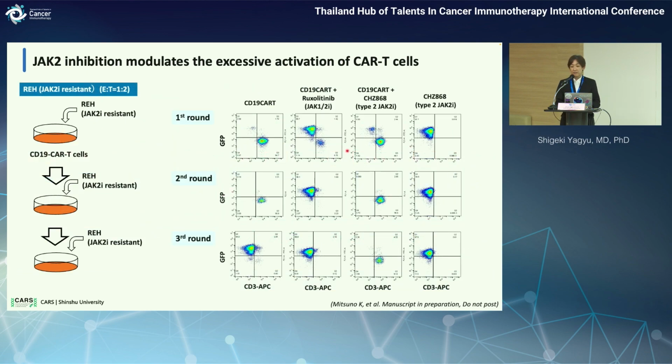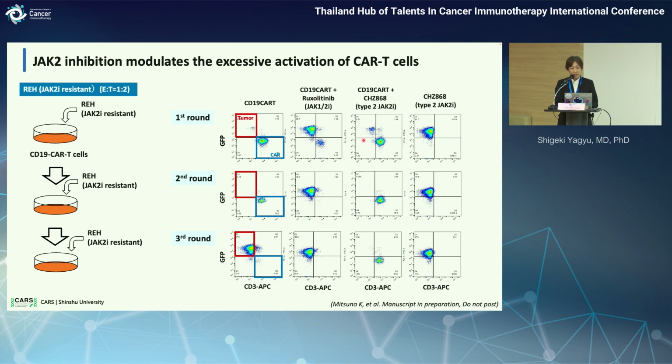To see the effect of JAK pathway inhibitor on CAR T-cells, we performed the sequential co-culture assay using B-cell leukemia cell lines without JAK pathway mutations with CD19 CAR T-cells. We co-cultured these leukemia cell lines with CD19 CAR T-cells for 3 days. Then we add fresh tumor cells for the second round and cultured for 3 days, and similarly for the third round.